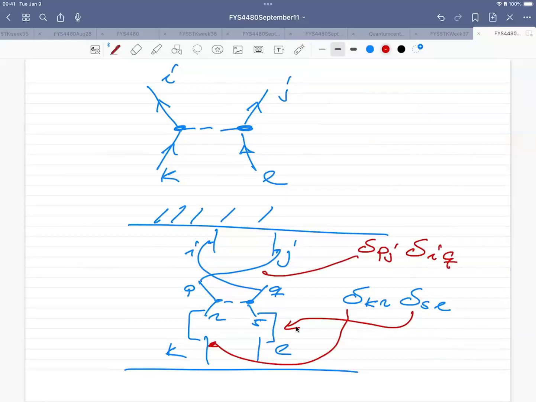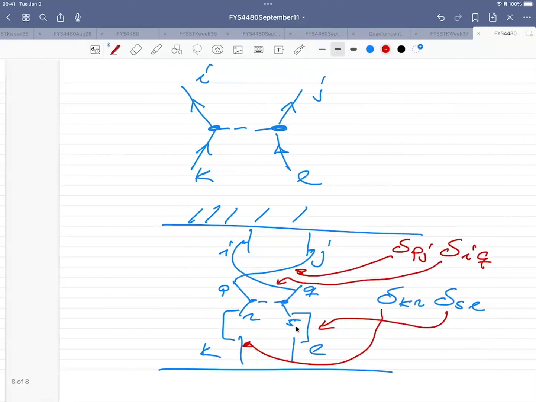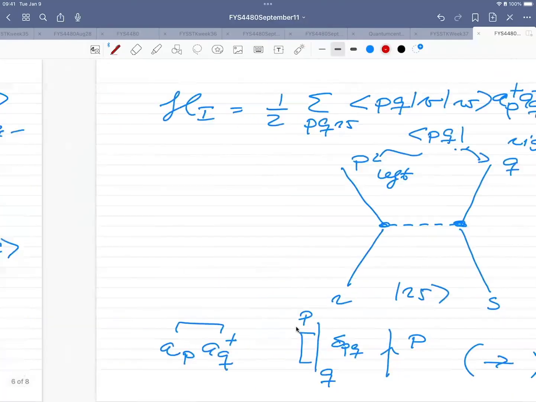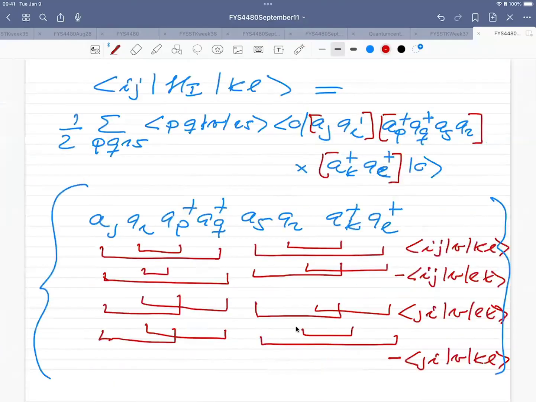So delta PJ is this one, and delta IQ is that one. If I then go back to my contractions, which I put up here, if you look back at this set of contractions, that would correspond to the term where I leave this one unchanged, but I change these two.